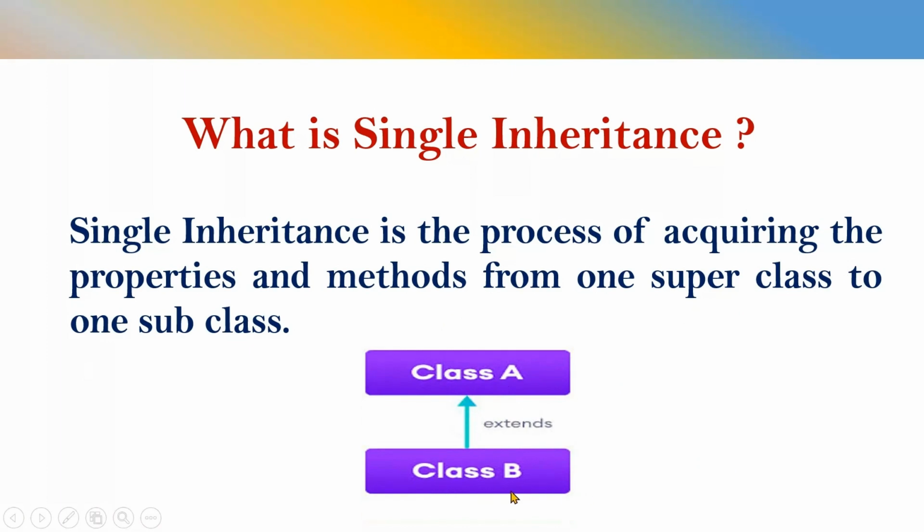Class B is deriving the properties from class A. In Java we use a keyword called extends in order to derive the properties from superclass to subclass. So here there is one superclass and only one subclass. When you have a situation like this, we say you are performing single inheritance.